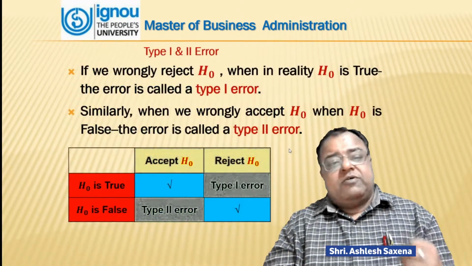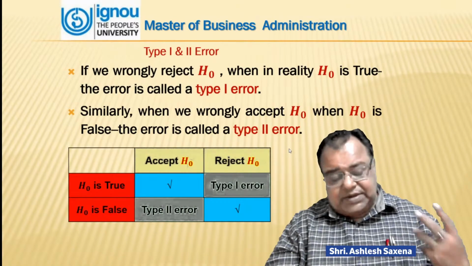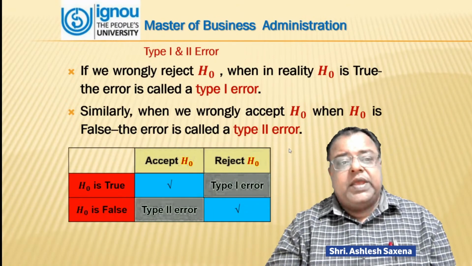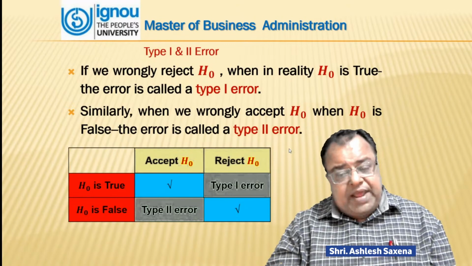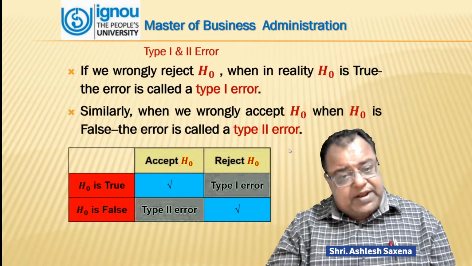There are two types of error when we are studying hypothesis, that is type 1 error and type 2 error. If we wrongly reject H0 when in reality H0 is true, this is a type 1 error.